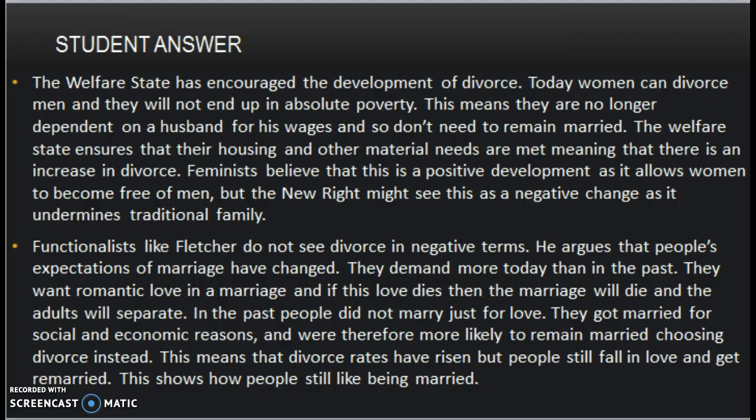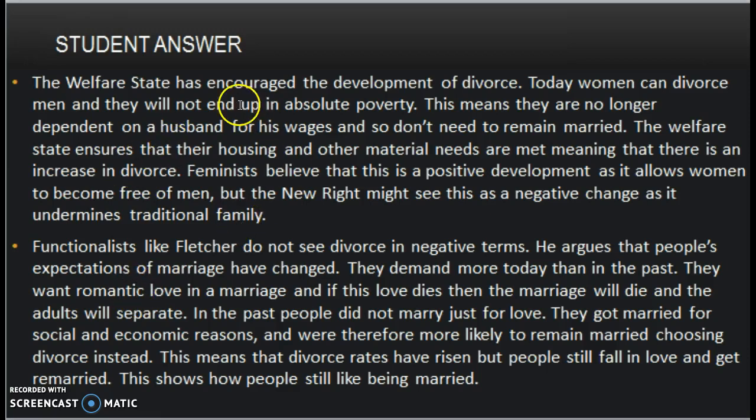So let's have a little bit of a look at a student answer then. So this student starts off by identifying two social changes. We've got the welfare state and the rise in expectations of marriage, and this student does it quite nicely and succinctly to the point, explaining how these social changes have led to the development of divorce, and they're using both terms.